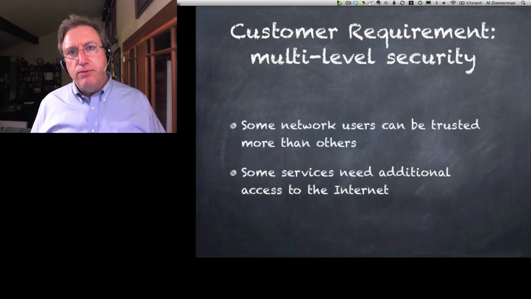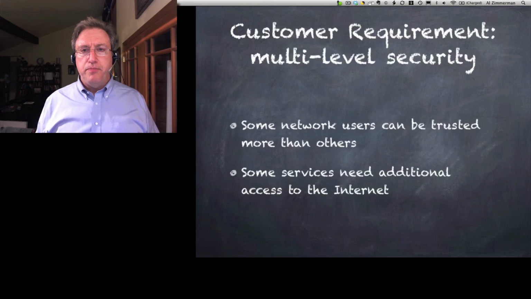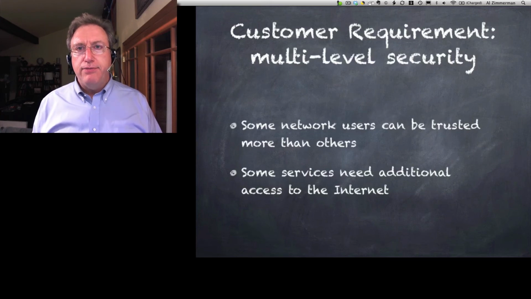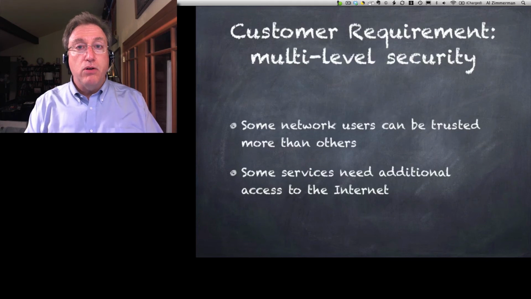Another aspect of business networking that we have to pay attention to here is multiple levels of security. Let's face it, some users in your network can be trusted more than others. Sometimes you're allowing members of the public or your customers access to your network.